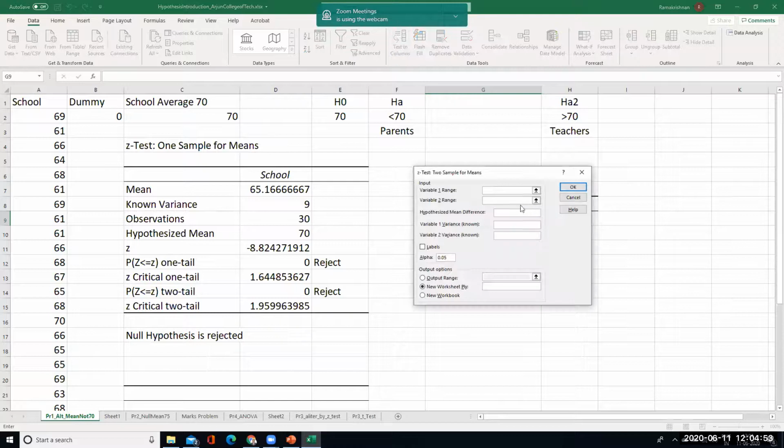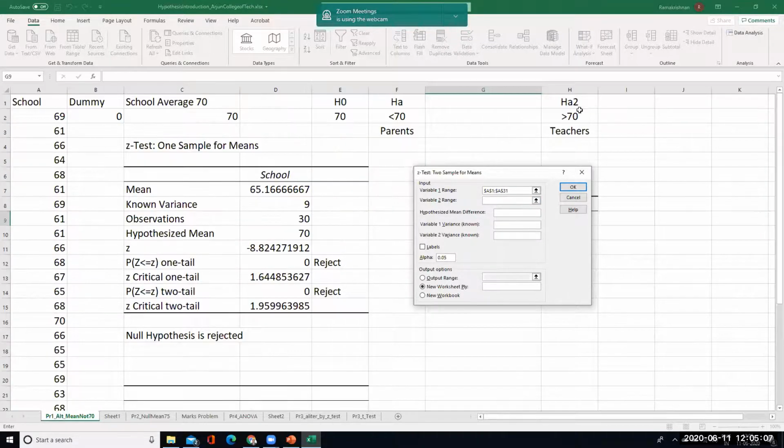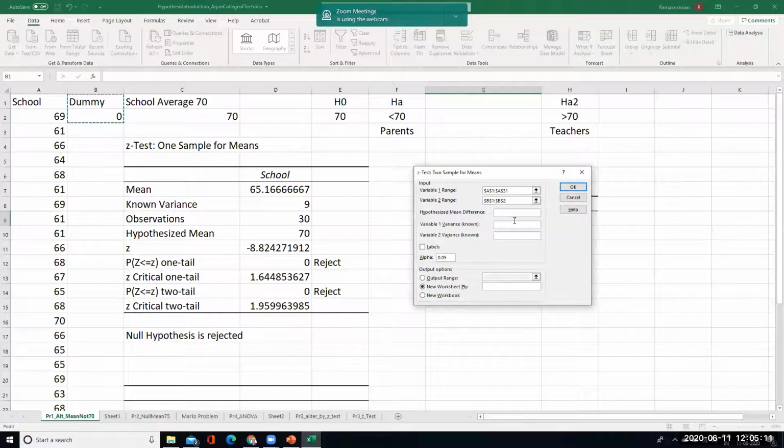Once I put OK, it is asking, what is the variable range 1? I'm just taking this selection with Control, Shift, Enter. It is selected here. Then I'm going to the second dummy variable. This is only one number, 0. So I'm selecting this. Now the hypothesized mean difference: we have said 70, right? 70 is the claim.